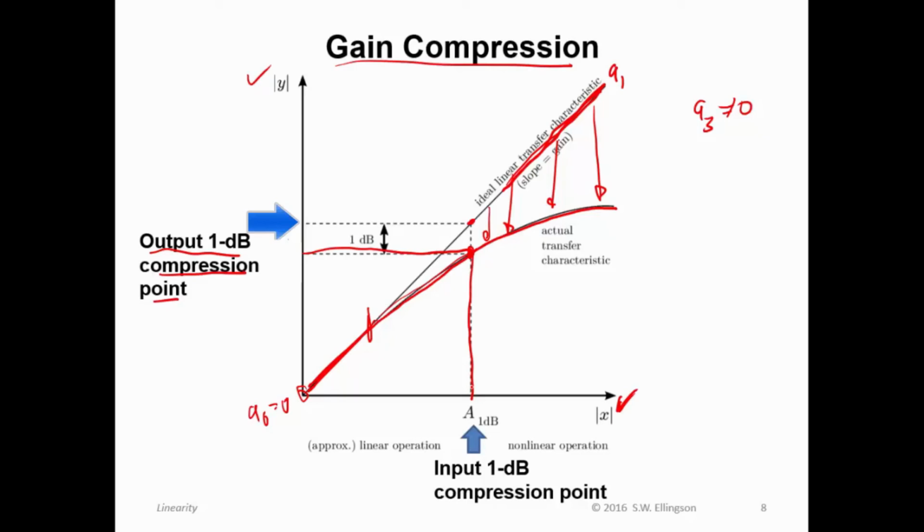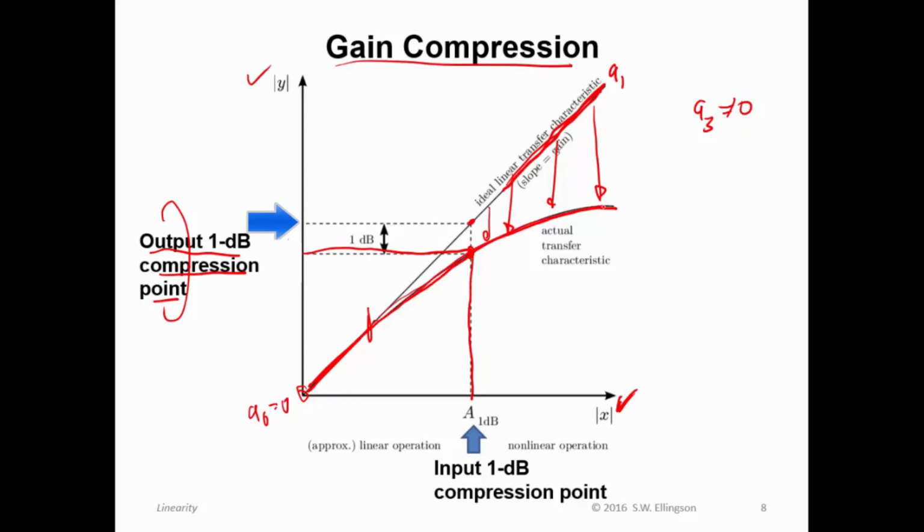Now I just want to point out here, there's nothing magical about 1 dB. It's simply an arbitrary criterion for deciding what is significant compression. So don't read too much into this value of 1 dB. It's simply a common way to characterize this overall deviation.